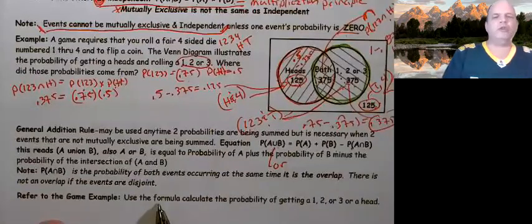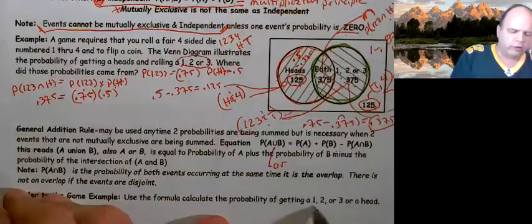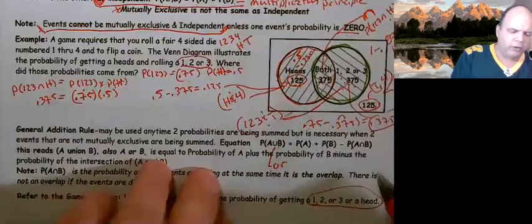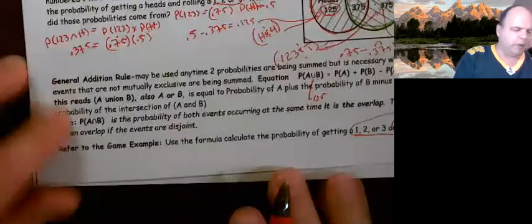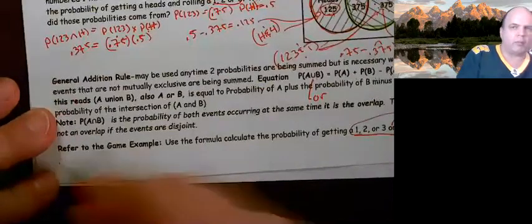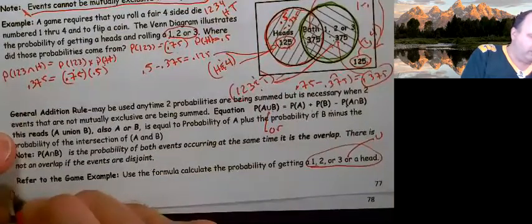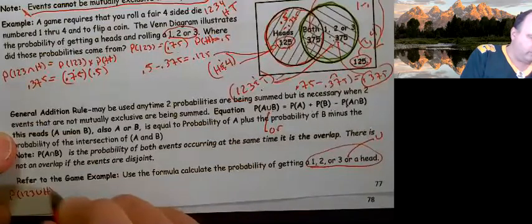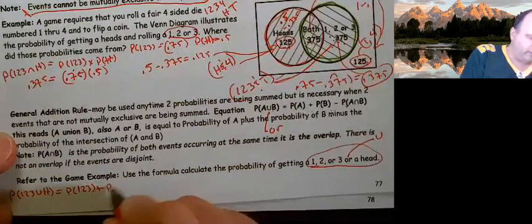So let's use that for the probability of getting a 1, 2, or 3, or a heads. All right? So this tells me I'm using the union. So I want the probability of 1, 2, 3 union heads, which equals the probability of a 1, 2, 3 plus the probability of a heads.